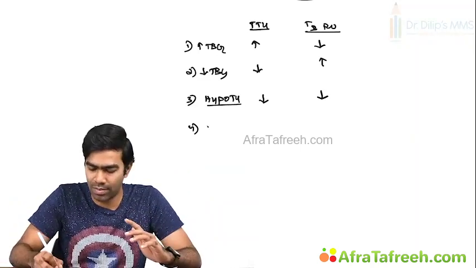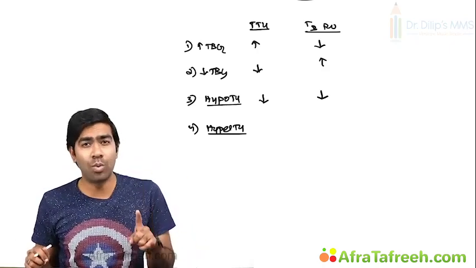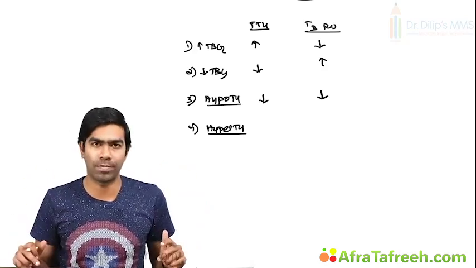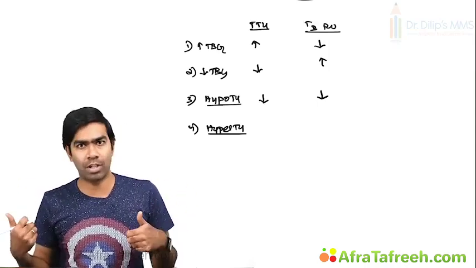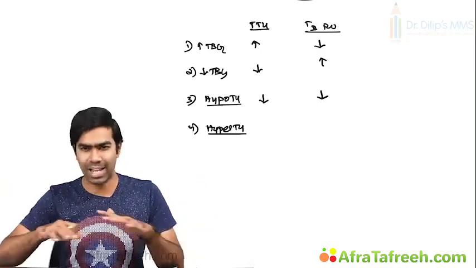Similarly, in a hyperthyroid state, a true hyperthyroidism, this is not a problem of TBG. It's a true hyperthyroidism where there is excess production of T4 in the body. This excess T4 will occupy all the TBG binding sites and saturate the TBG.